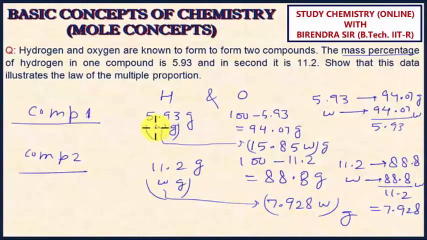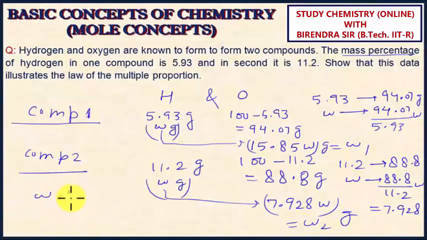So if we keep the mass of one of the elements fixed, according to the law, the ratio of the masses of other elements should come whole number. So if I try to find, let us say this as W1 and this as W2.